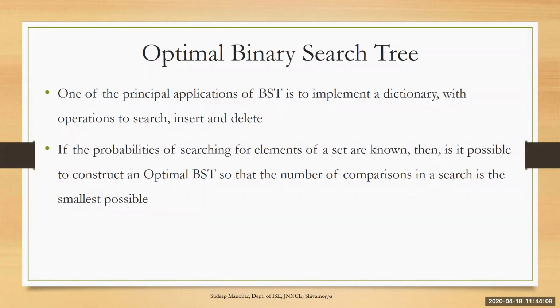Okay, this is the structure of a binary search tree. And one of the applications of binary search tree is to implement a dictionary. Dictionary means which contains the search elements. For example, think that I want to implement a dictionary which contains 100 words.